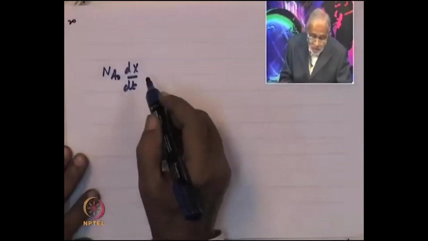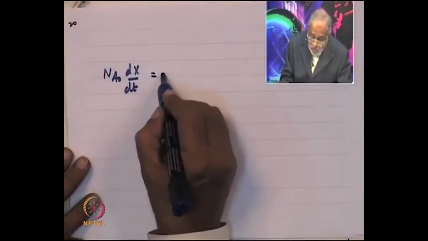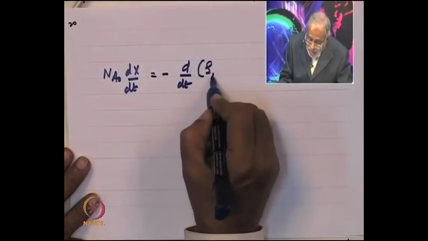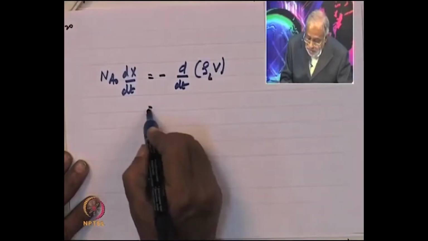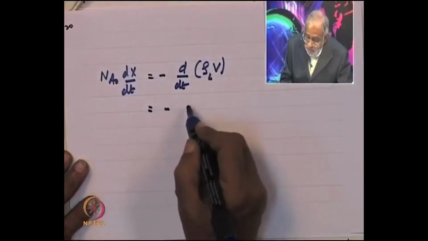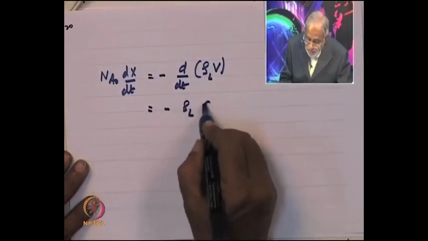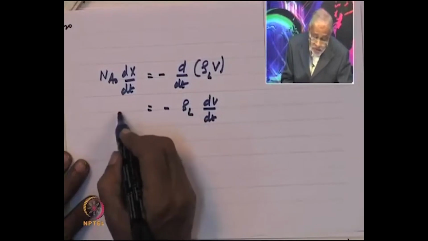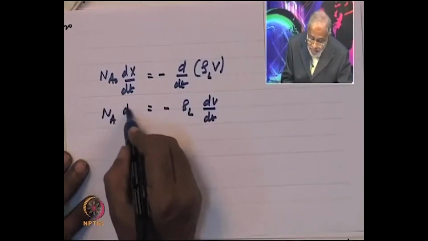So, what do we get? N_A0 dx/dt must be equal to minus d/dt of rho_L times V, that is equal to minus rho_L times dV/dt equal to N_A0 dx/dt.